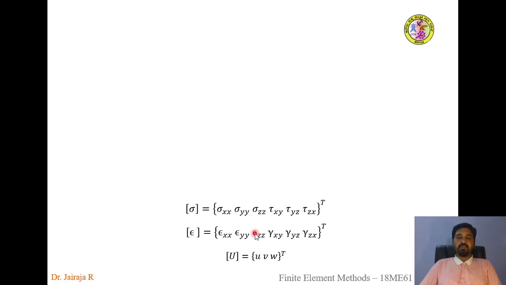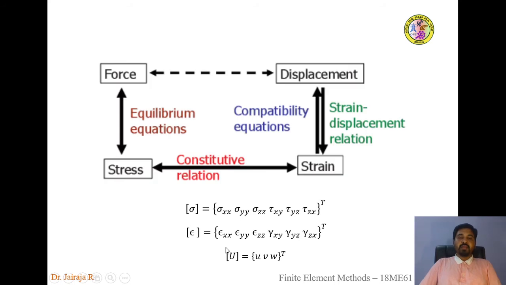From displacement we can obtain the strain, from strain we can obtain the stresses, or in reverse also it is possible. From stress we can obtain the strain, from strain we can obtain the displacement. So it is interconnected. To apply the force on the body, we will get the displacement. From displacement we can calculate the strains from the strain displacement relation.